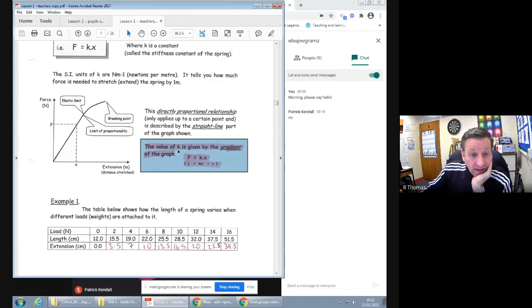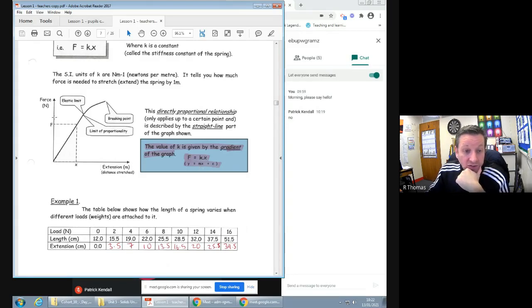Now, mathematically, the importance of this graph is this point here. The value of k, the stiffness constant, is given by the gradient of the graph. If you think of y equals mx plus c, going back to year 8 mathematics, we don't have a plus c because the graph starts at 0. No force, no extension. So the y-intercept is at 0. So k is effectively the gradient.